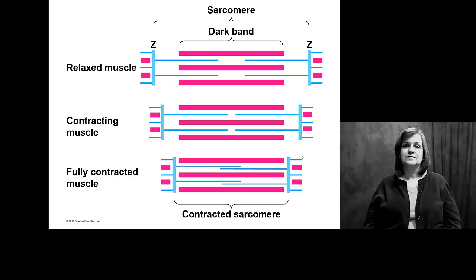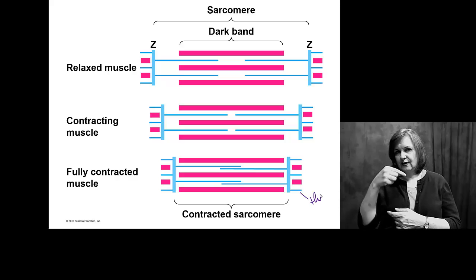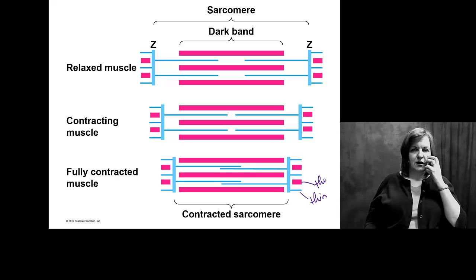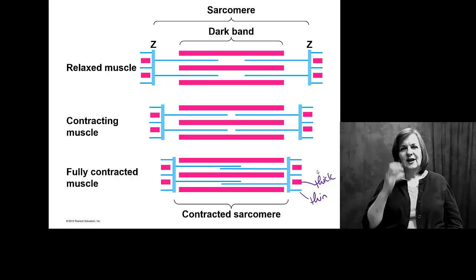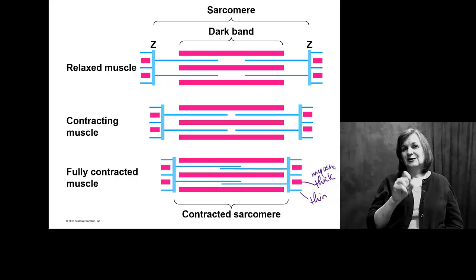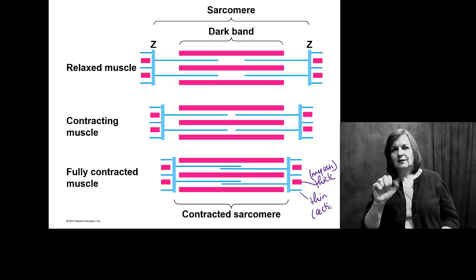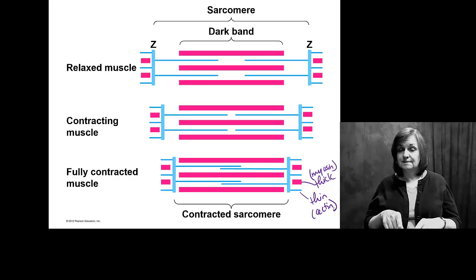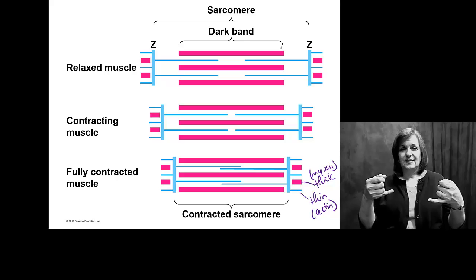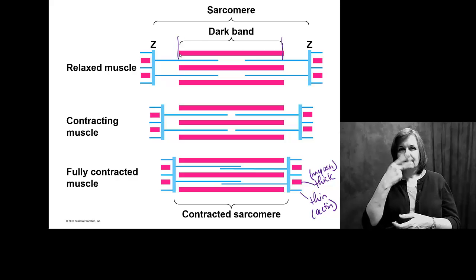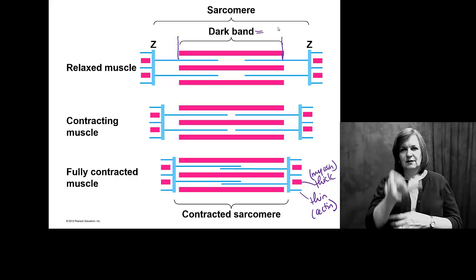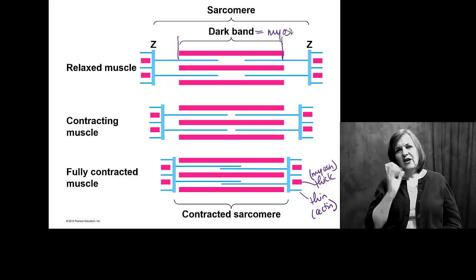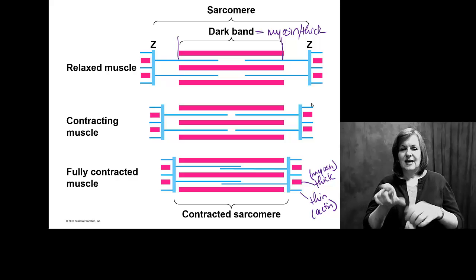So what are we doing? Remember, the blue is the thin, the pink is the thick. The thick is myosin, the thin is actin. So we are literally going to take these thin filaments, this middle part, the pink dark band, the dark band is the myosin or the thick filament. That never changes.